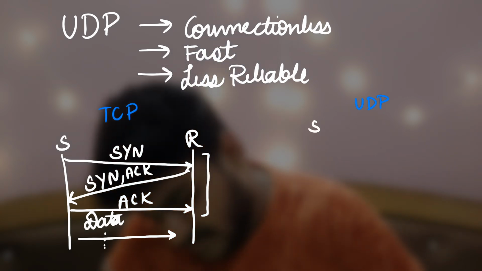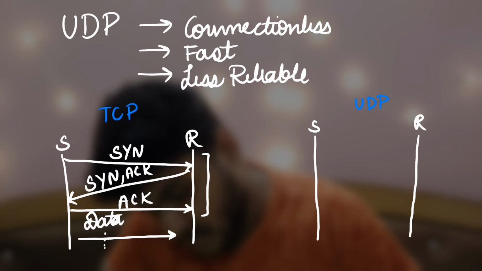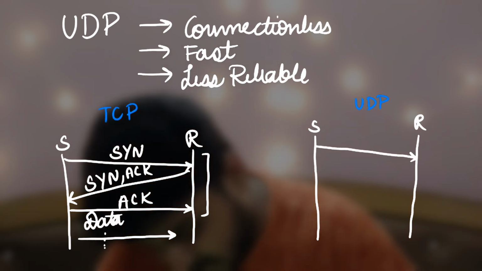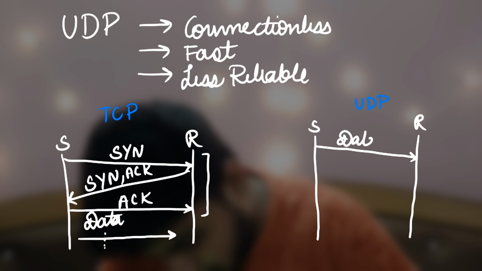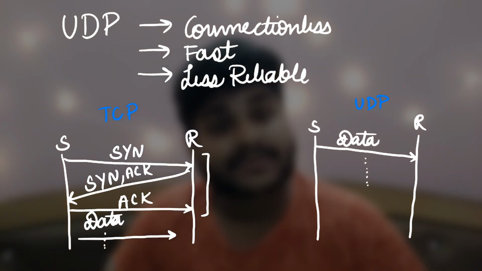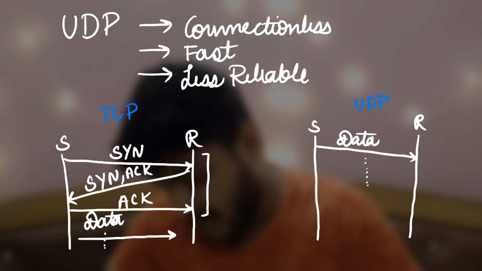The sender and receiver are there, but no formal communication is going to happen. So no connection building process is there. Straight away, the data will be sent. Because of this, it is fast, but this makes it less reliable as well.